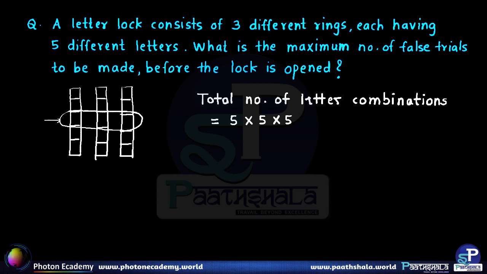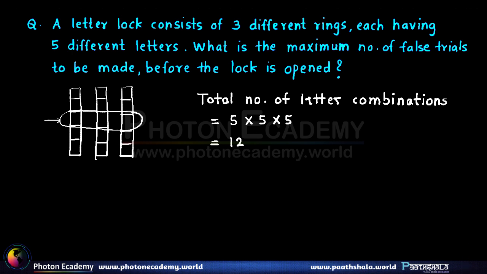That turns out to be 125. Now we know that out of these 125 combinations, one letter combination is going to open the lock. So all the remaining 124 are the wrong combinations.